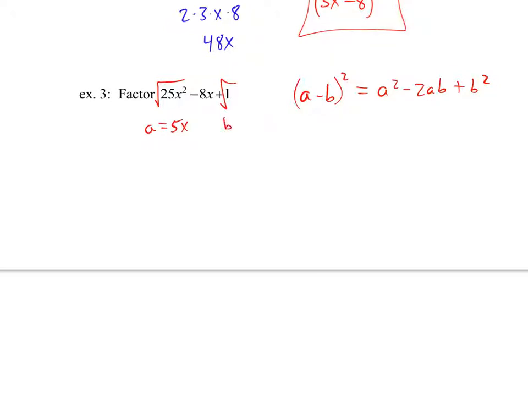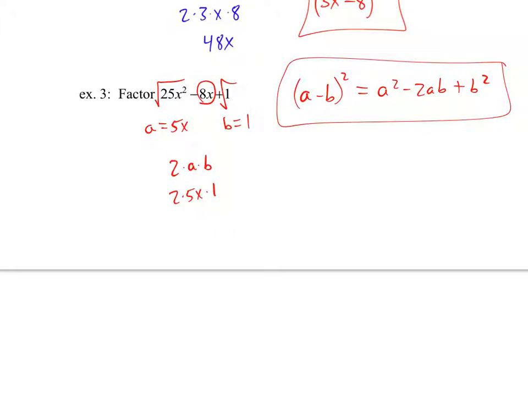B is going to be 1. So now does 2 times a times b equal this 8x? So 2 times 5x times 1 gives me 10x, right? So does it fit this? Nope, it doesn't fit that because our 10x doesn't match my 8x there.